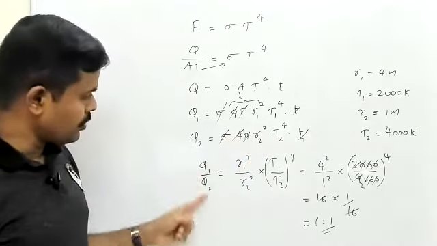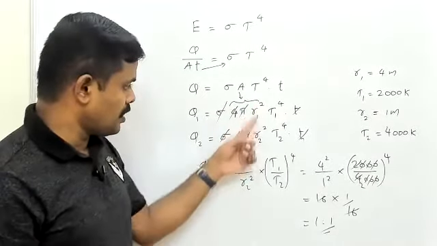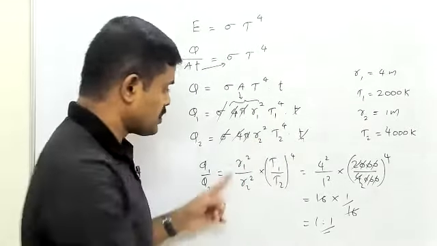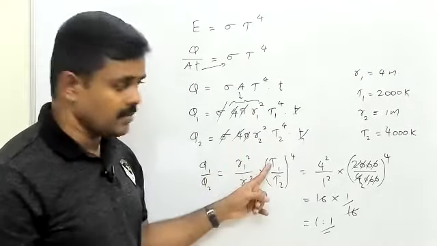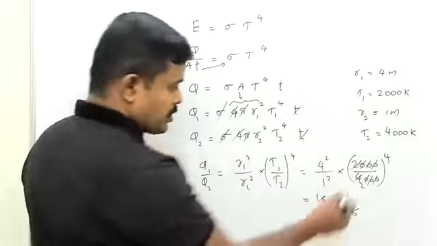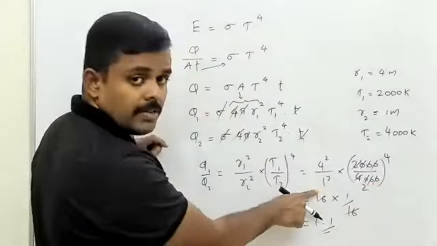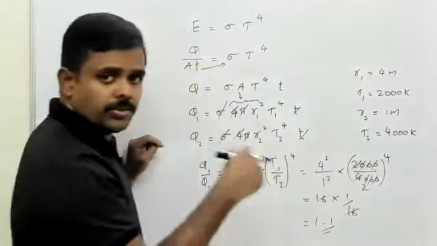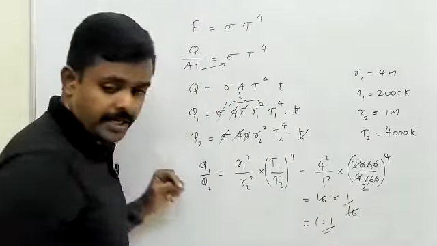When you divide Q1 by Q2, it is r1 square by r2 square into T1 by T2 the whole raised to 4, everything else gets cut. Putting the values, r1 is 4, r2 is 1, T1 is 2000, T2 is 4000. Then 2000 and 4000 are cut, you get 2 in the denominator. 4 square is 16, 1 square is 1, 16 into 1 by 2 raised to 4, that is 1 by 16. The 16s are cut, you get 1:1.